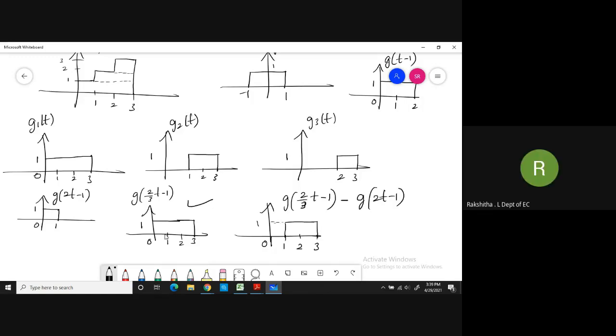Ma'am, in this G1, we have to match this with the g signal, like g of t minus 1. So you see, we want to express x of t in terms of g of t. We have divided x of t into g1, g2 and g3. So can we do like this to get this signal from 1 to 3, or you can shift this also.